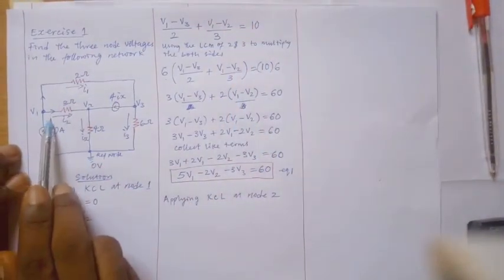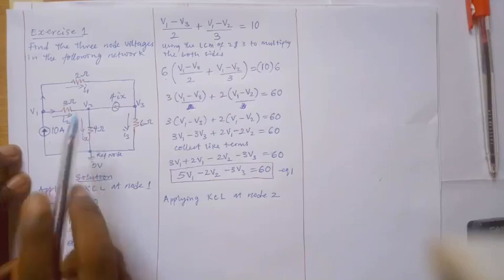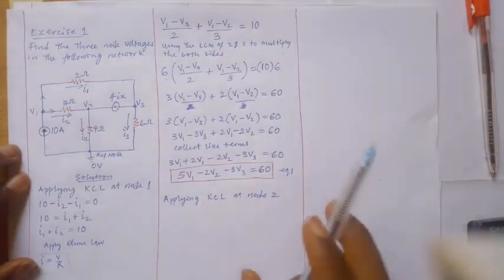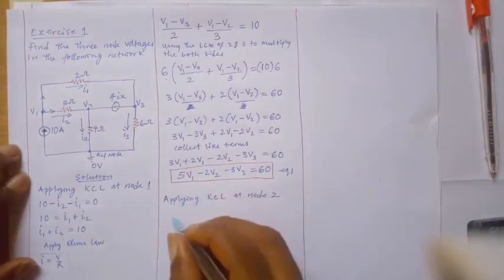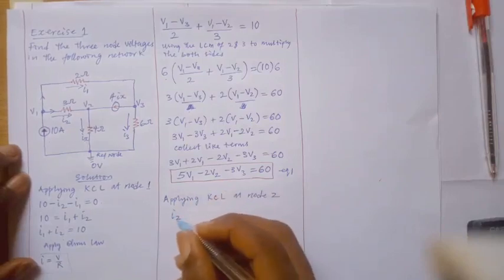Now look at this arrow. The current flowing from here to here is entering the node. And don't forget, the algebraic sum of current entering a node is equal to 0. So we have I2 is entering, and when it's entering it is what?